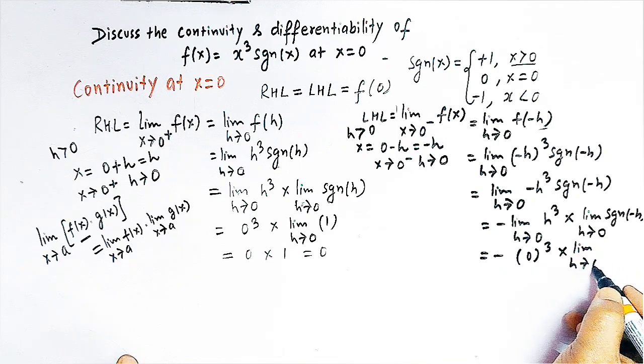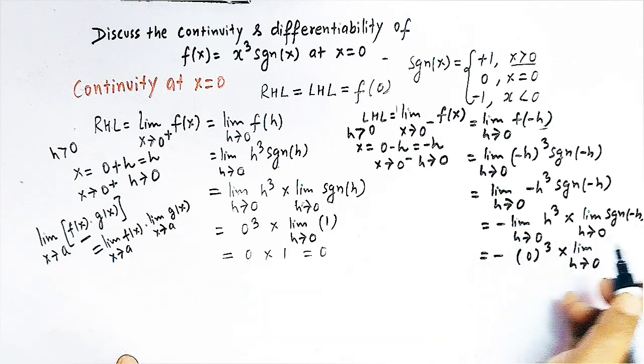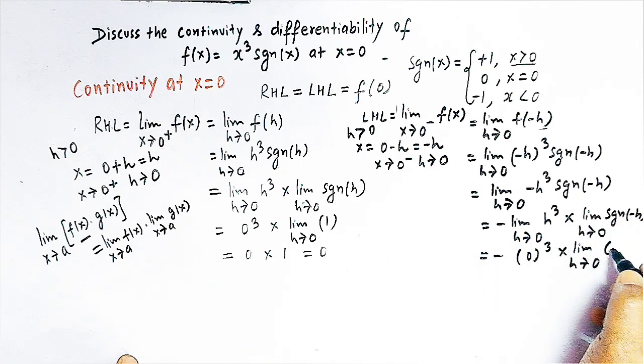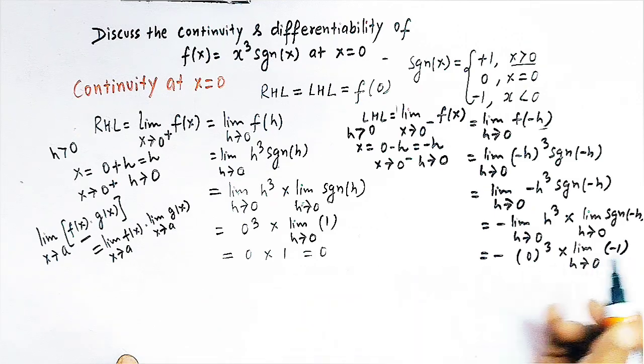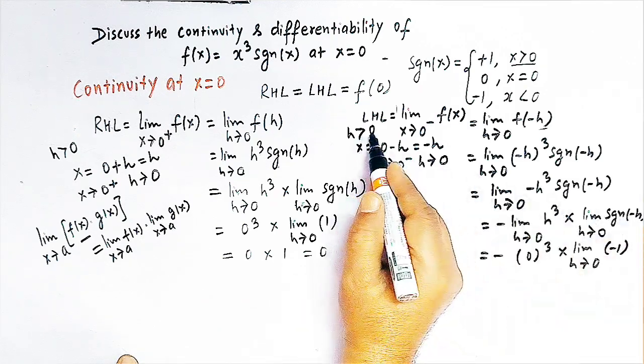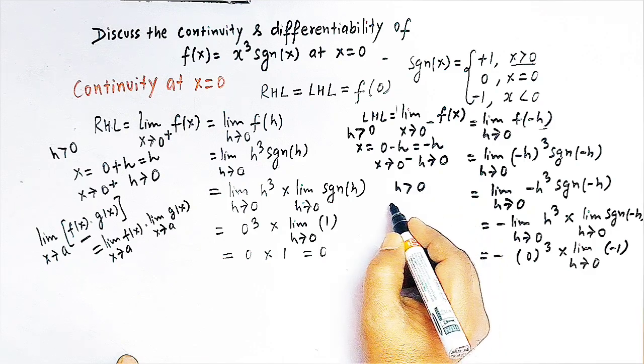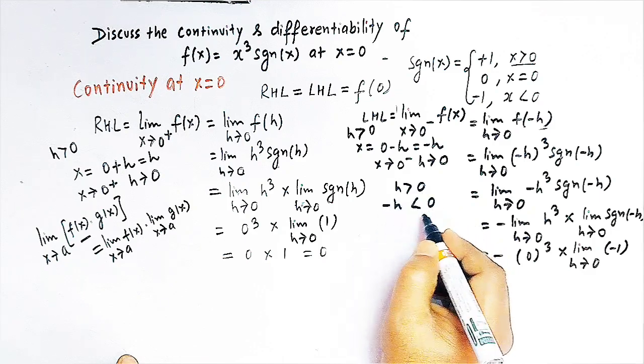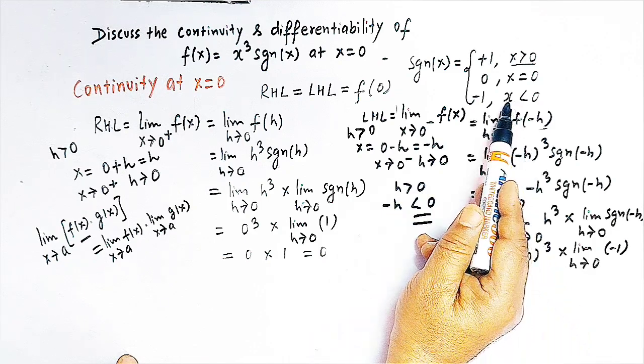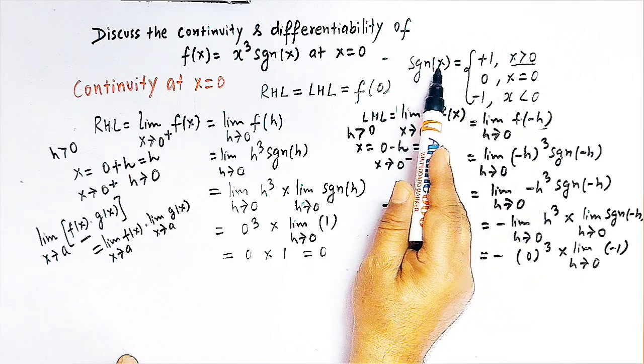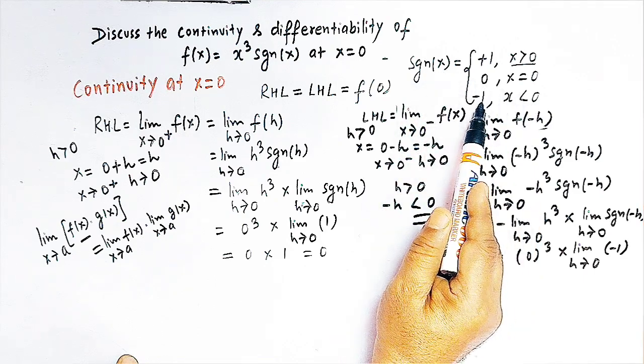The limit as h tends to 0 of signum of minus h is equal to minus 1, because h is greater than 0, so minus h is less than 0. When x is less than 0, then signum of x is equal to minus 1.